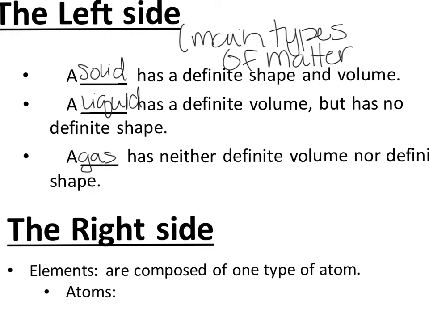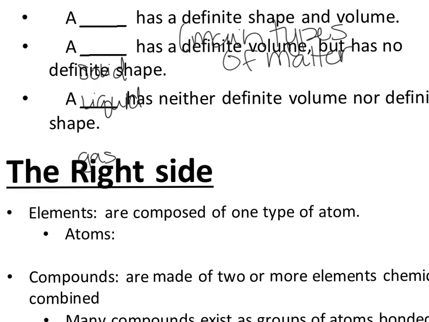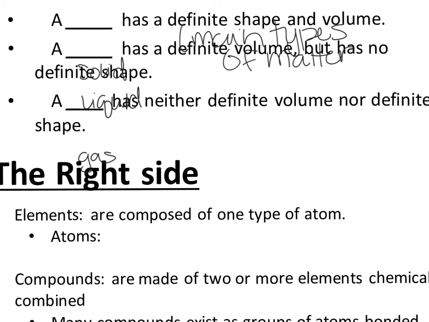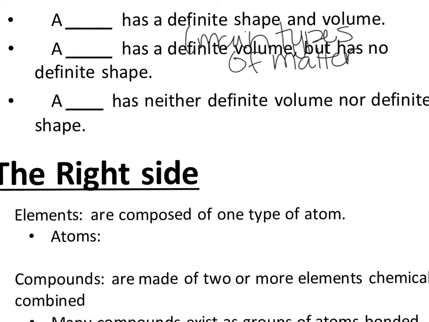So when we move over into the right-hand side, let's keep a few things in mind. First of all, our more familiar territory is our elements. Elements all contain atoms. What's unique about an element is that it only contains one type of atom.